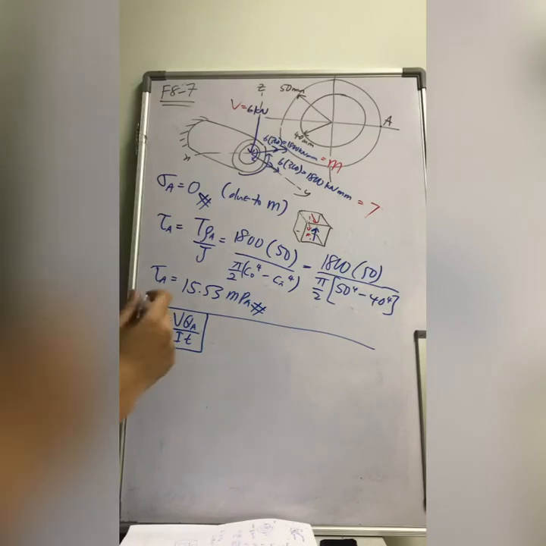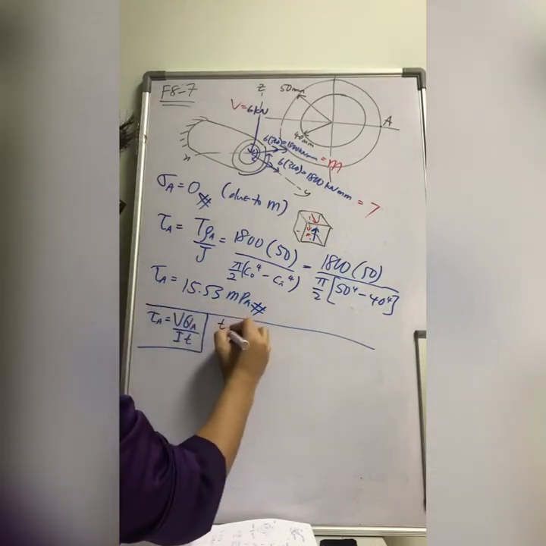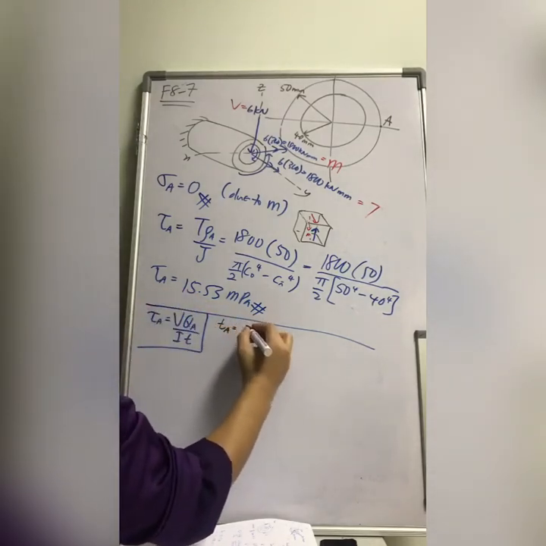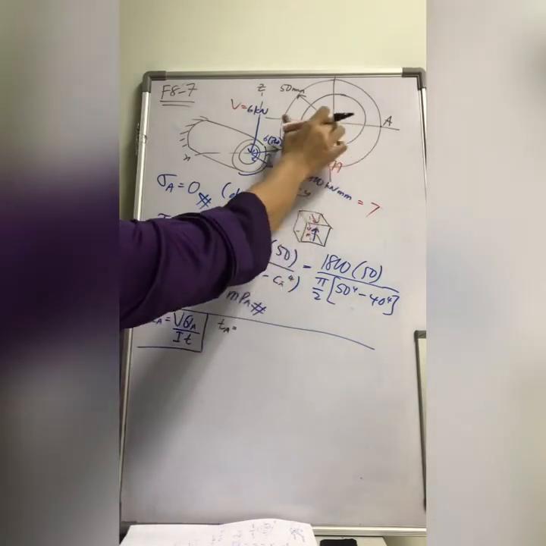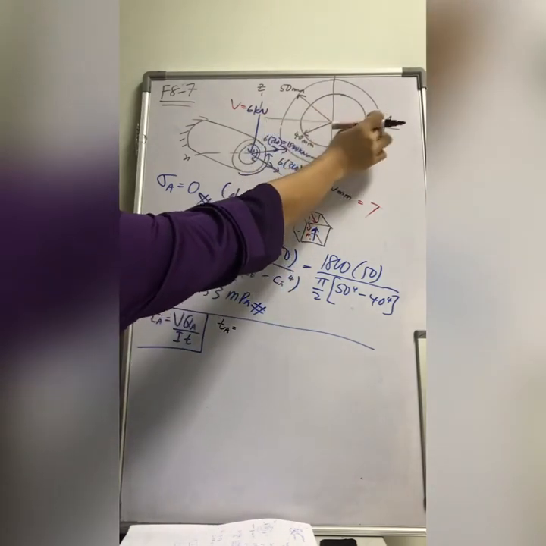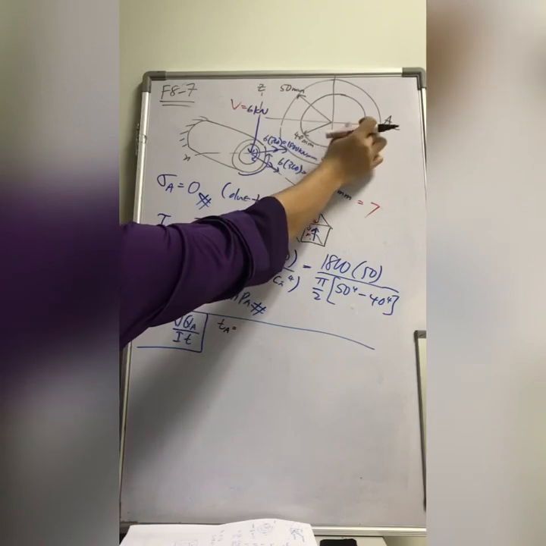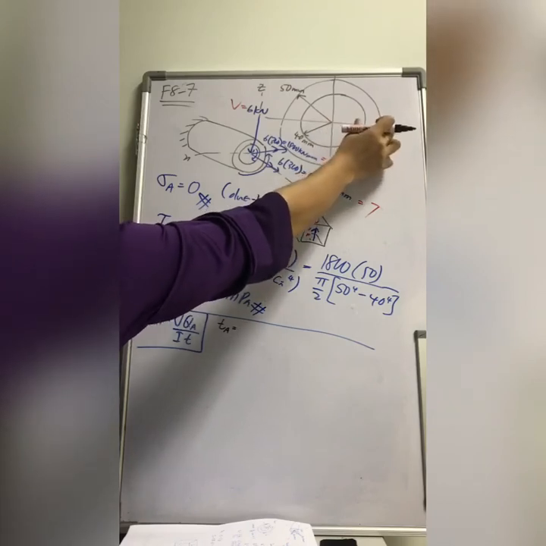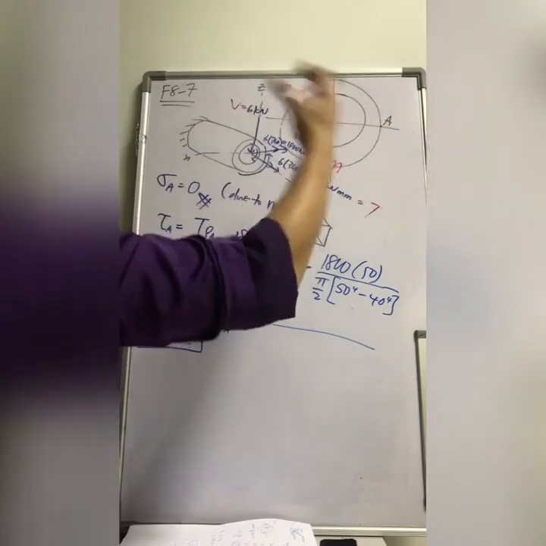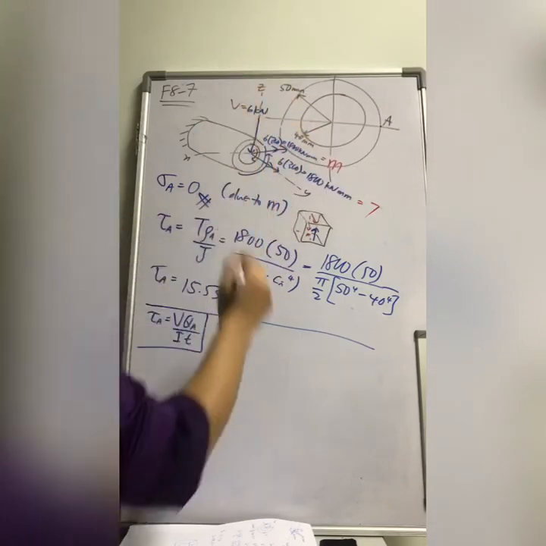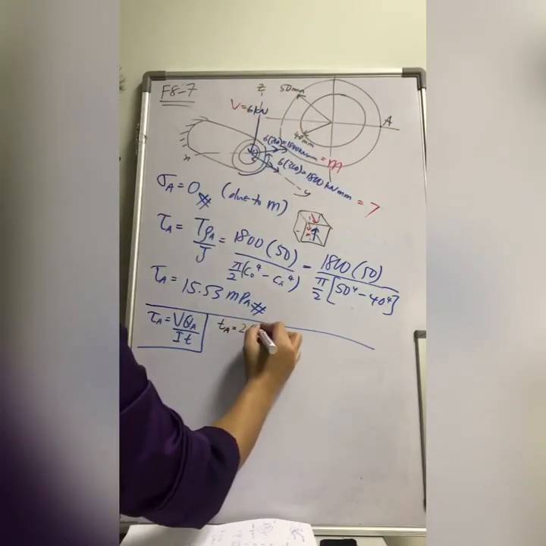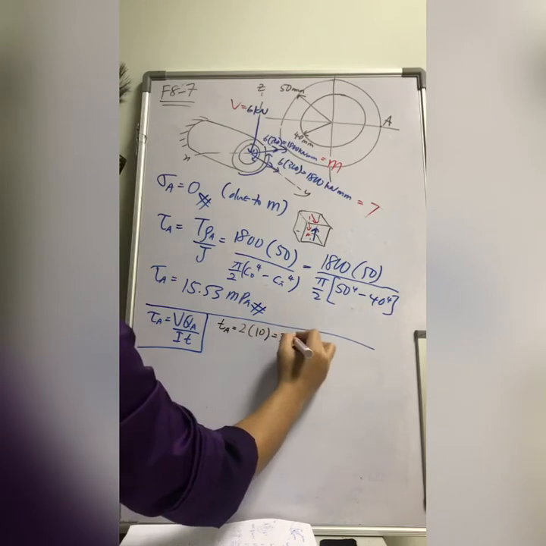Okay, so first thing first, T of point A is how much? This is 50, this is 40, so this is 10, isn't it? But again, like I said, you need to take the whole thickness, solid thickness, which is 10 and 10, which is 2 times 10, 20 millimeter.